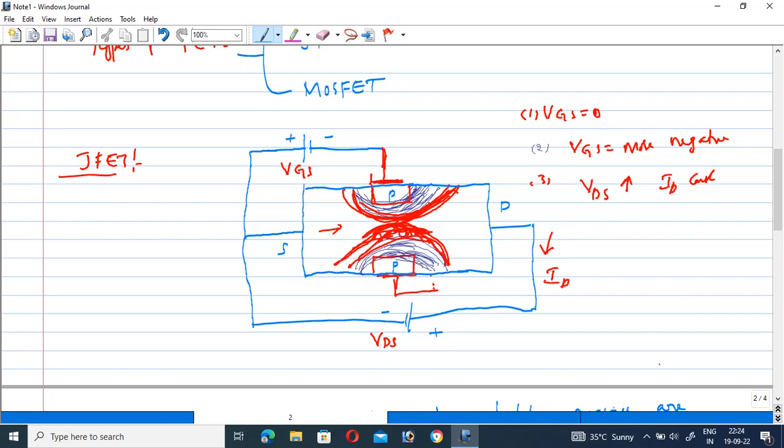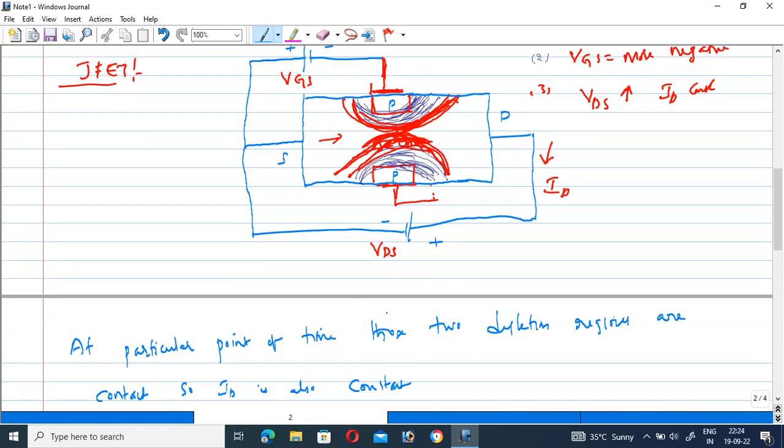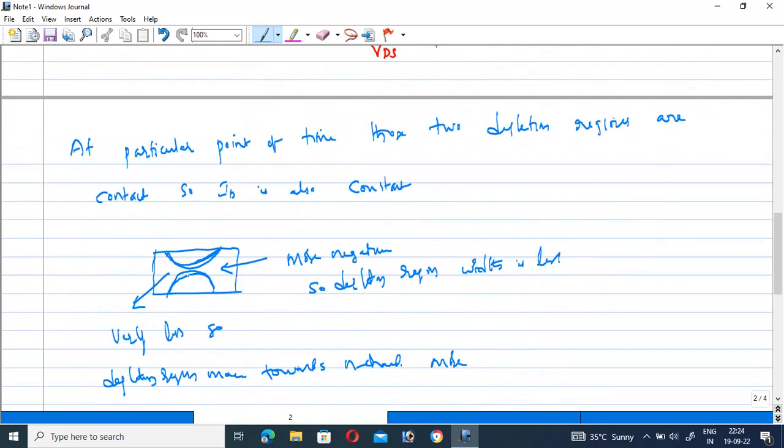I think some of you may have a doubt: sir, why is this ID current maintained? Even if you increase the drain voltage, these two depletion regions contact each other, so the current is at its maximum at this point. This is the completely depleted region. These two points are connected at a particular point of time.